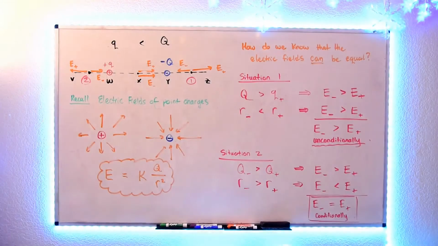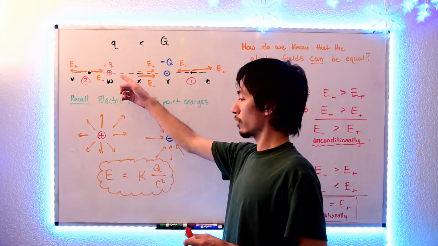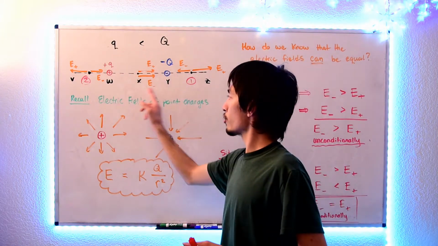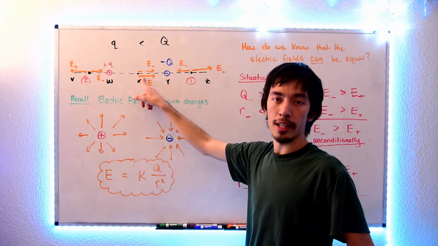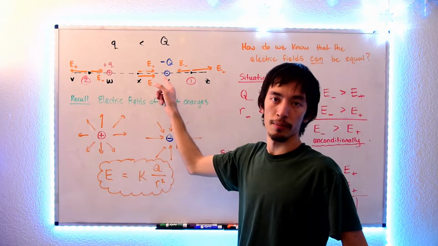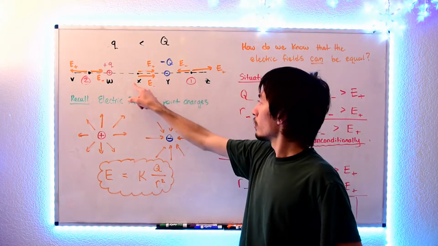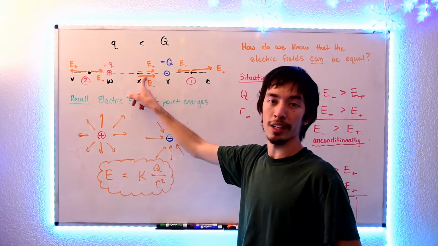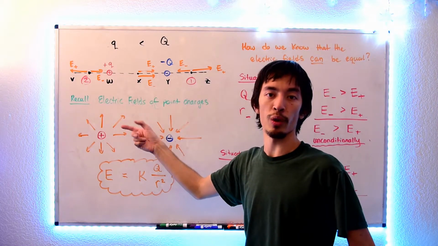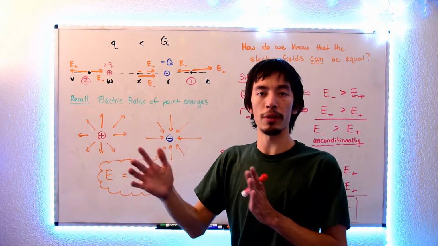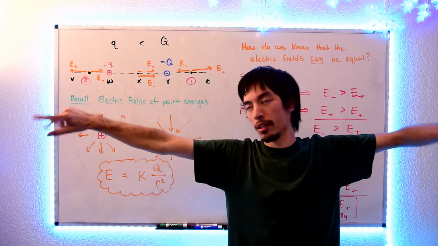If I go back and look at my diagram, and look at the inside region right here, you'll see that the electric field vectors were aligned, and that's because they were opposite charges. Okay. But if I were to change this negative to a positive, it would flip this one the other way. So we would have a situation where they could cancel out somewhere between the two charges rather than outside on the left or the right.